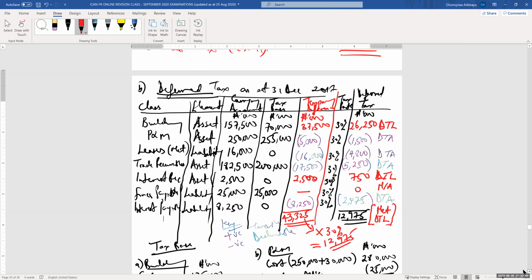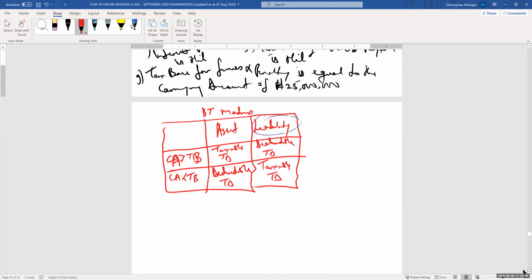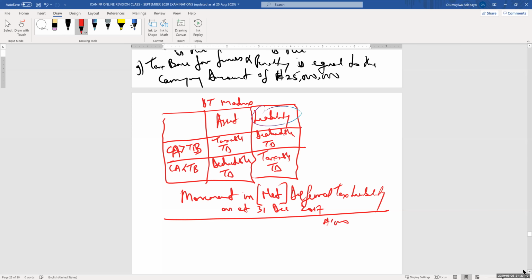Now, let us now check the movement in deferred tax liability. Were we given any opening balance? No. Movement in net deferred tax liability as at 31st December 2017. What is our opening balance? Opening balance of deferred tax liability is 0. Why is it 0?